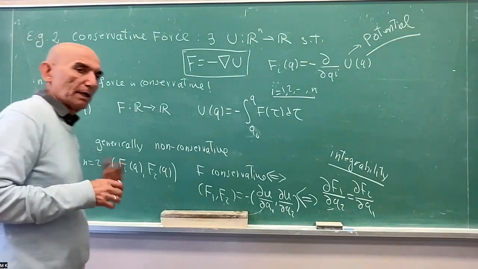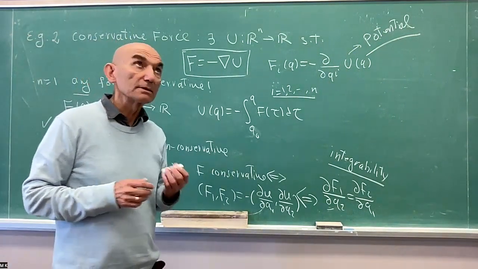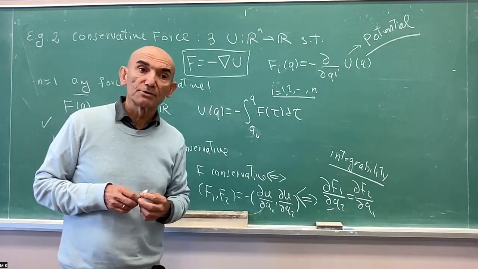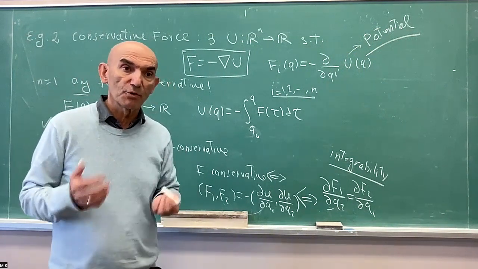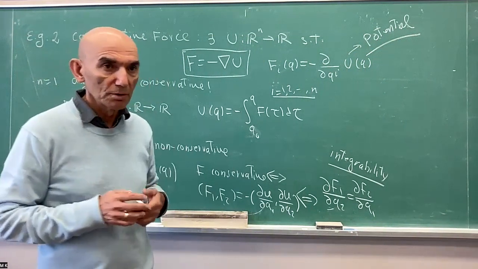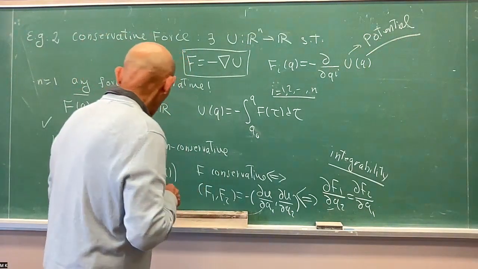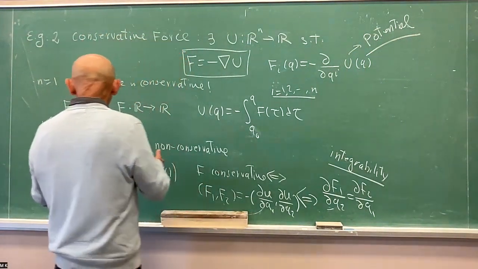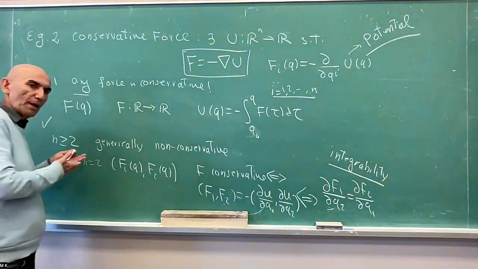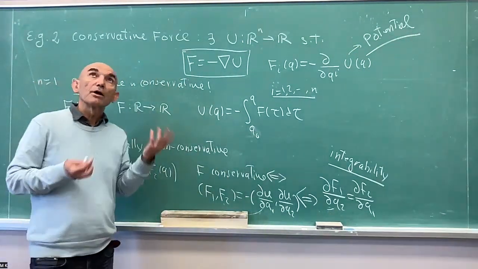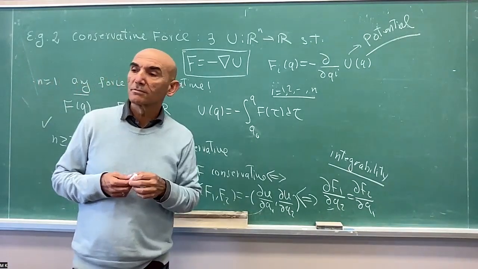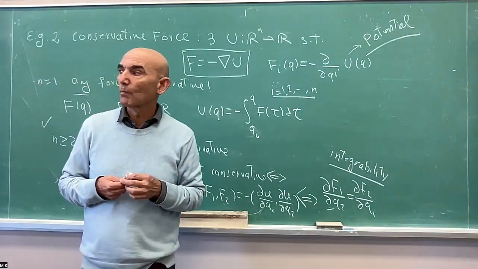Integrable systems in classical mechanics are much easier to understand than integrable systems of quantum mechanics, which is much more elaborate. But that's okay. So at least we know what happens in R2, and in Rn for n bigger than 2.